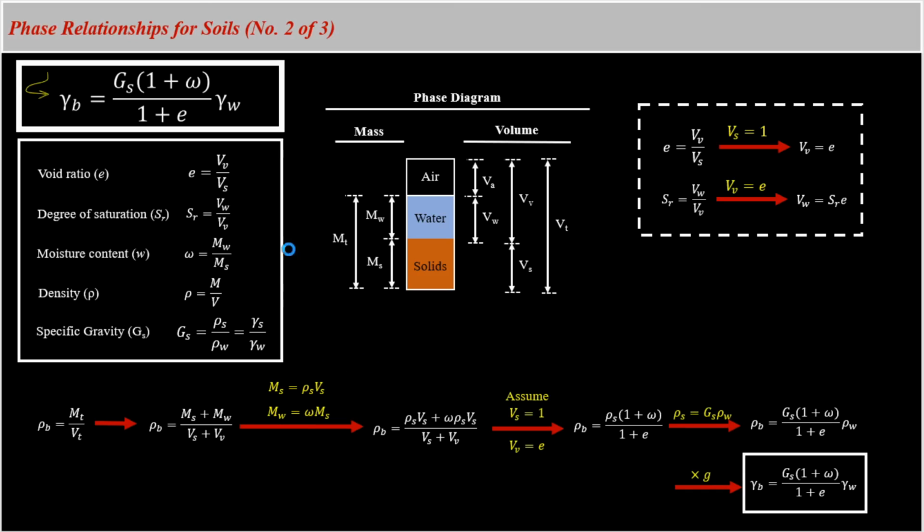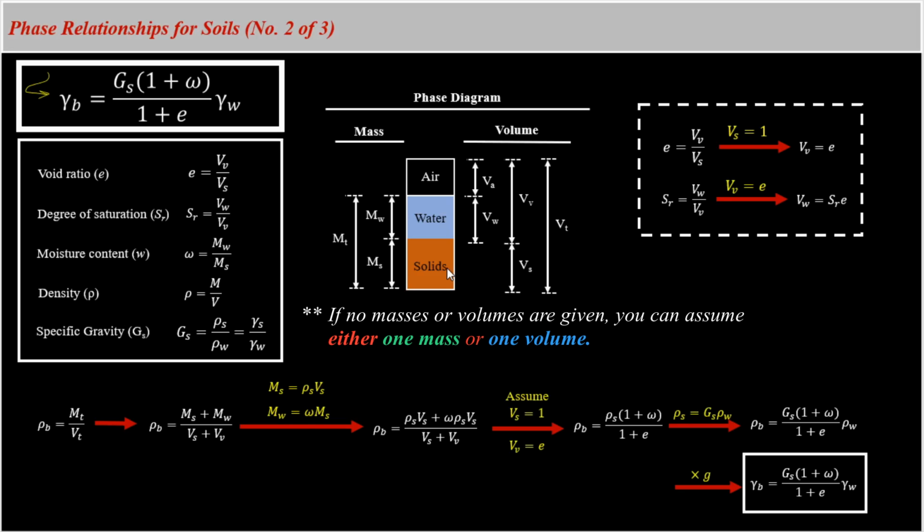And finally, the bulk unit weight equation. But before going through the derivation, let me show you a very useful assumption that we can make for phase relationship problems. If no masses or volumes are given, you can assume either one volume or one mass. In this case, we usually assume the volume of the solids to be equal to a unit volume.